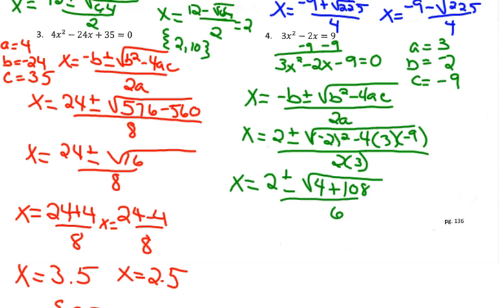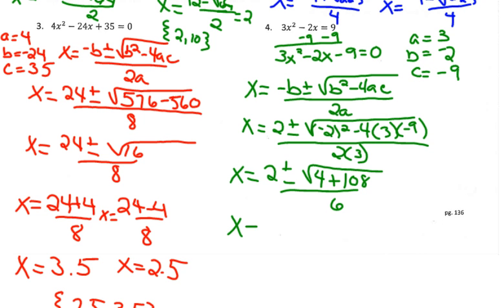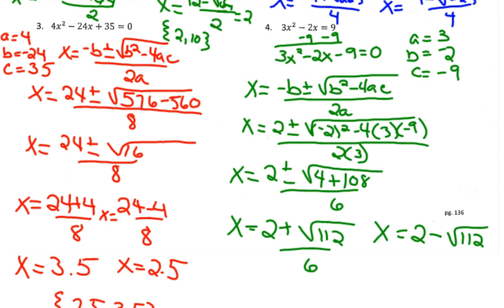So my two equations: 2 plus the square root of 112 over 6, and 2 minus the square root of 112 over 6.